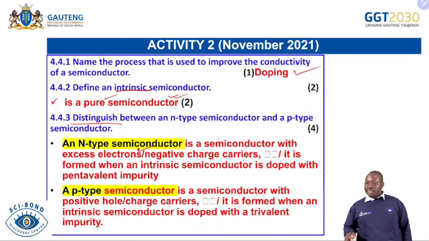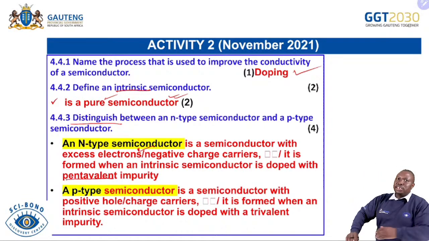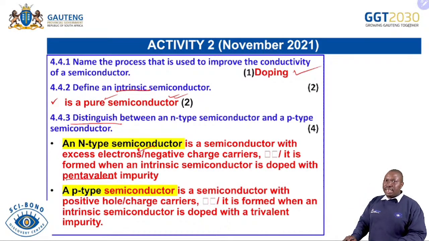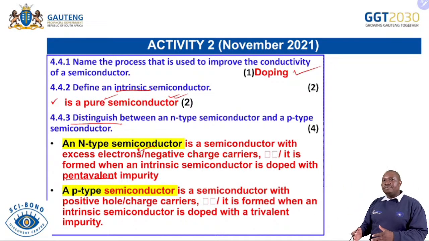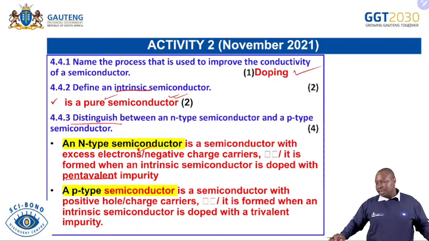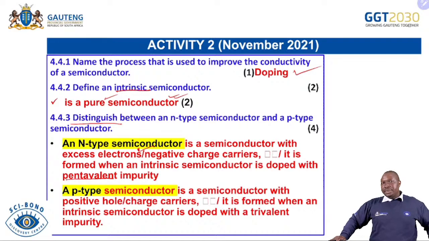It is formed when an intrinsic semiconductor is doped with a pentavalent impurity. So in your case here, you can even use an example to say it can happen with silicon, which is tetravalent, when it's doped with pentavalent phosphorus, which has 5. Then we'll have n-type because we're having excess electrons, because phosphorus is bringing extra electrons more than what is expected.